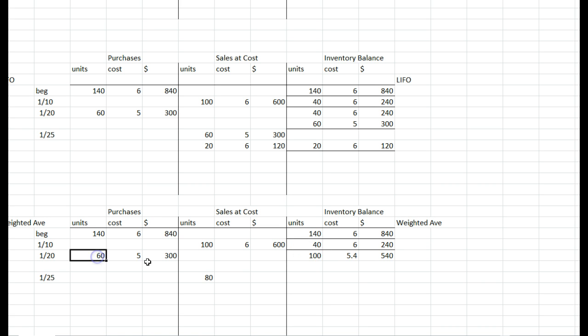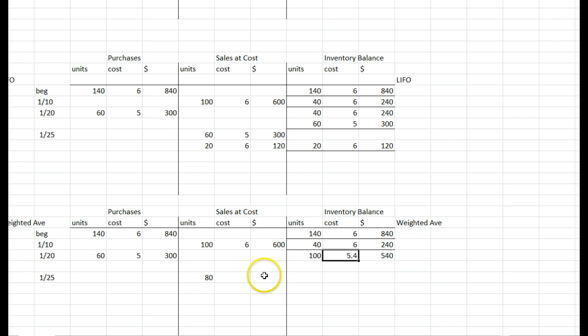We bought 60 more, so we have a total of 100 units. We had $240 invested in inventory, plus another 300. We add those two together, we have $540 in inventory. And we take the average, I divide 100 units into the $540. Our weighted average cost is now $5.40.